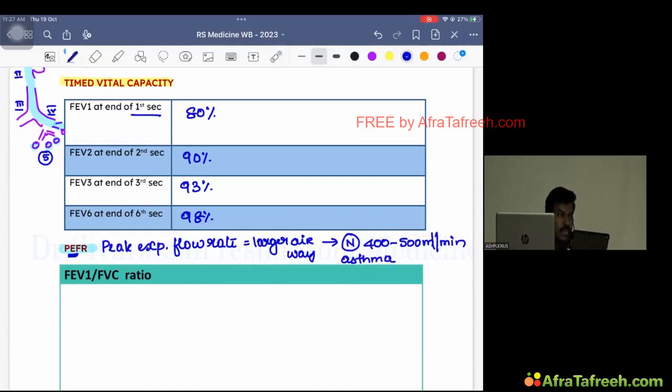It is the air coming out through the larger airways, normally around 400 to 500 ml per minute. Whenever it is deranged, it means the expiratory air through the larger airways is decreased.